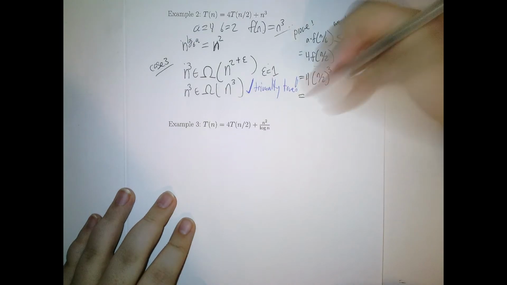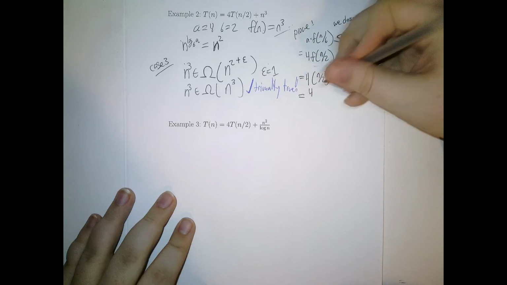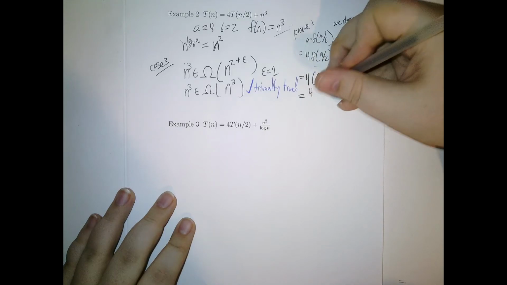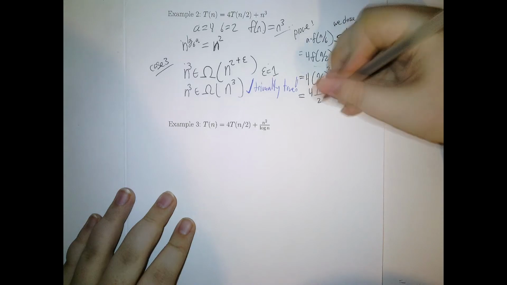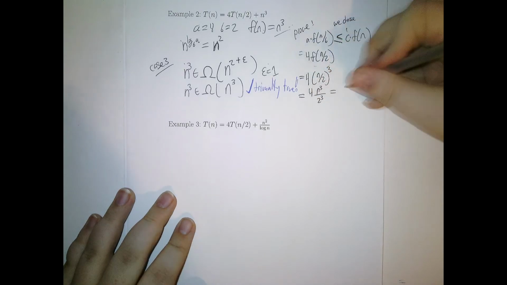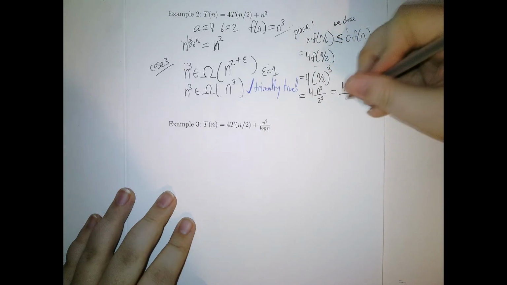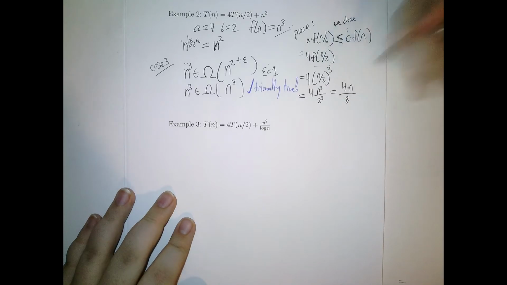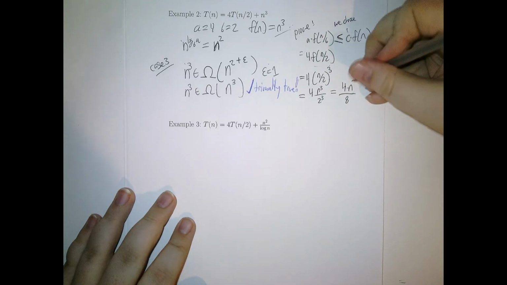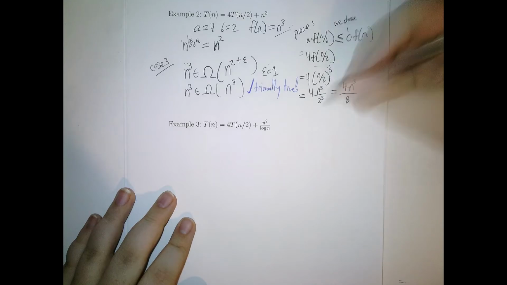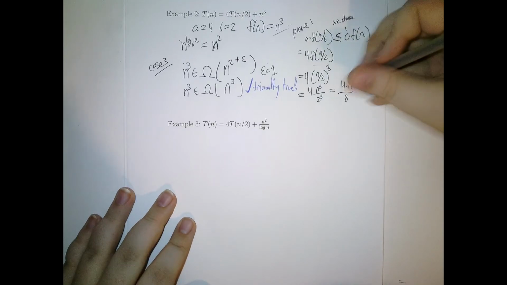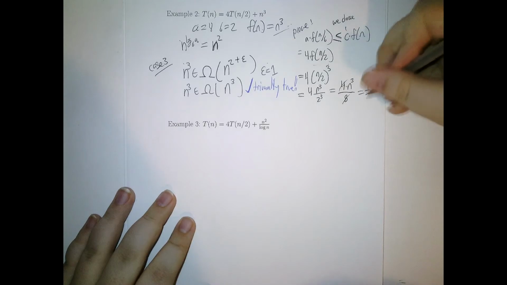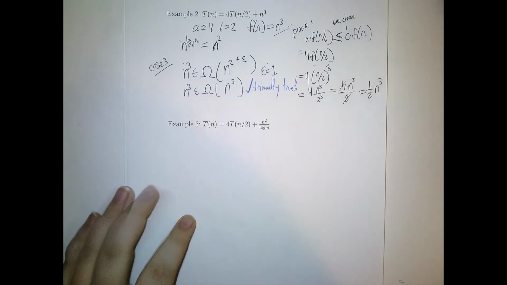That's going to be 4, and we move that inside. This will be n cubed over 2 cubed, so 4n cubed over 8. The 4 and the 8 cancel and give us 1/2 n cubed.